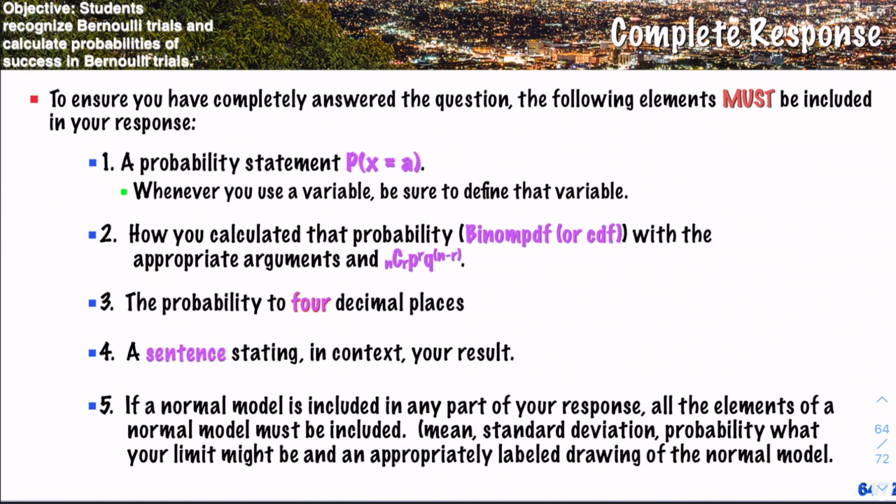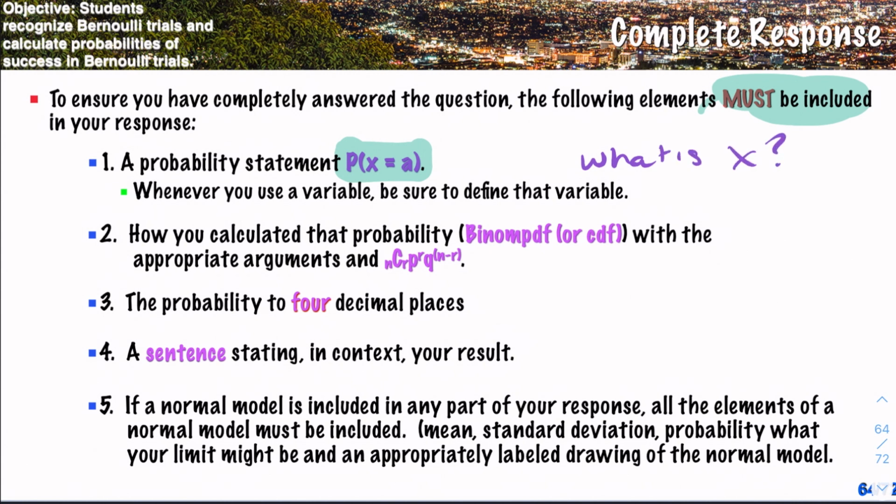So to ensure you have a complete answer, the following elements must be included in your response. So 1, you need a probability statement. I keep reading over these, but you need to say the probability that we have our random variable equals a number. So whenever you use a variable, be sure to define that variable. What is x? How you calculated the probability?